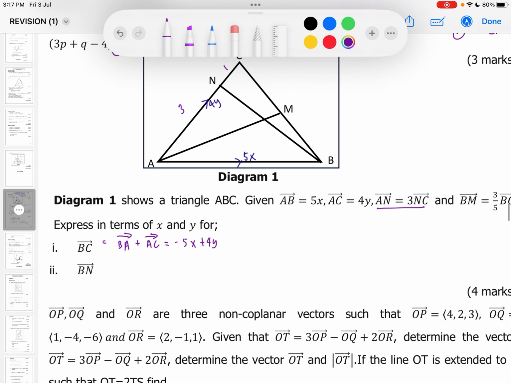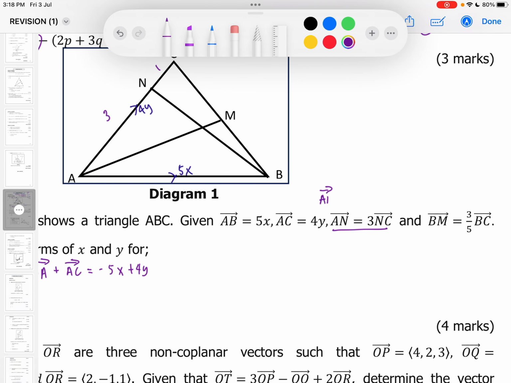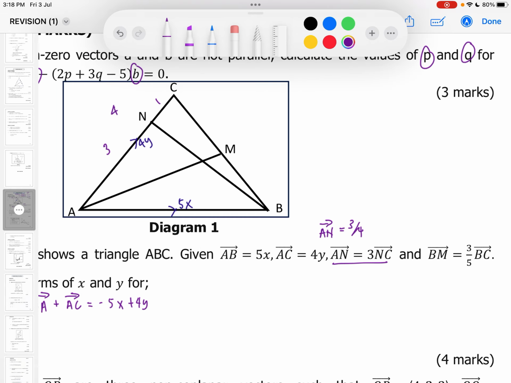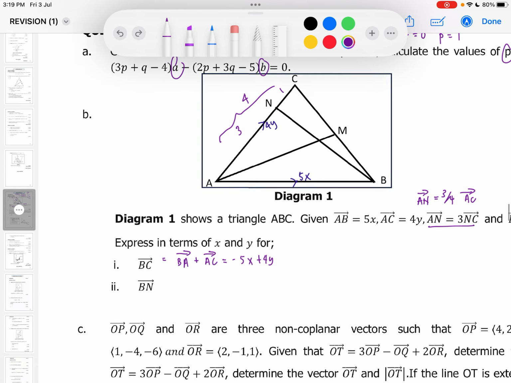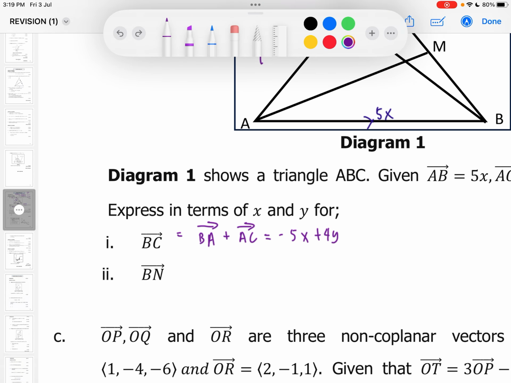Okay, now for BN. Since earlier we are given the ratio AN equals 3NC, this basically means that AN would be 3 over 4 of AC, because there are a total of 4 parts here. Since we want to find BN, we're going to go from here to here, right? So basically it's BA plus AN.